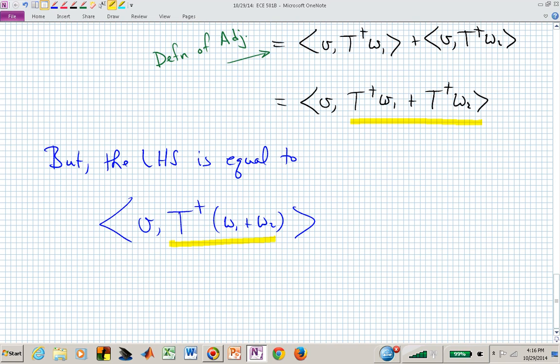We can conclude that T-dagger of W1 plus W2 is equal to T-dagger W1 plus T-dagger W2, and that's the additivity that we were trying to show.